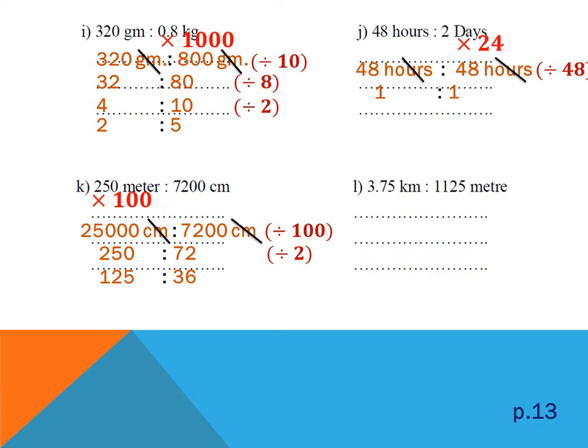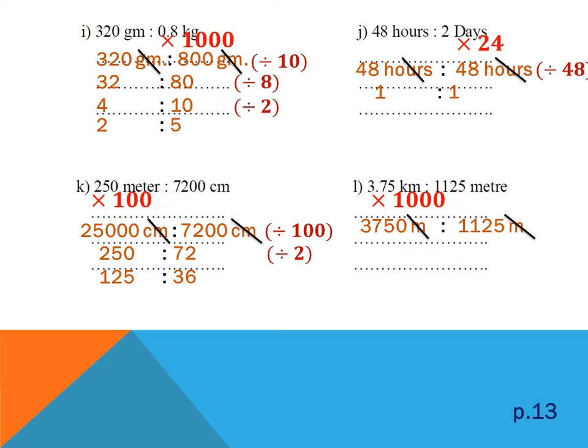3.75 kilometer to 1,125 meter. The larger unit here is kilometer. Convert kilometer to meter by multiplying it by 1,000. 3.75 times 1,000 equals 3,750 meter and 1,125 meter as it is.